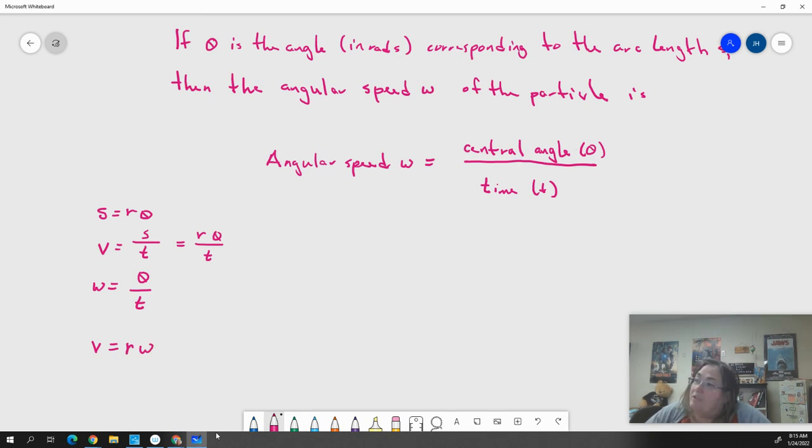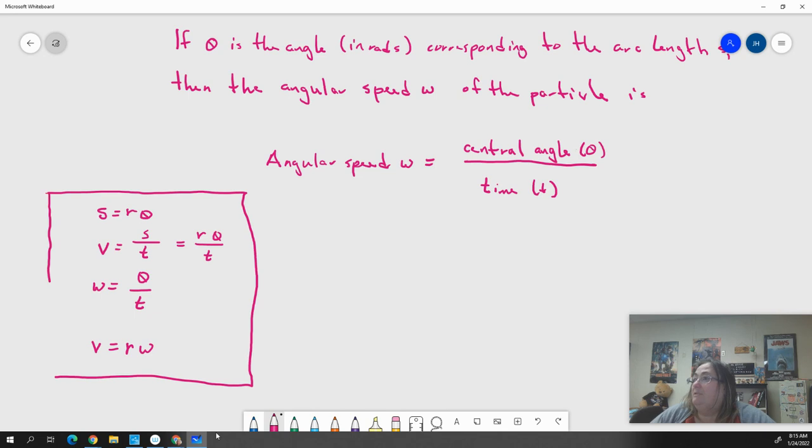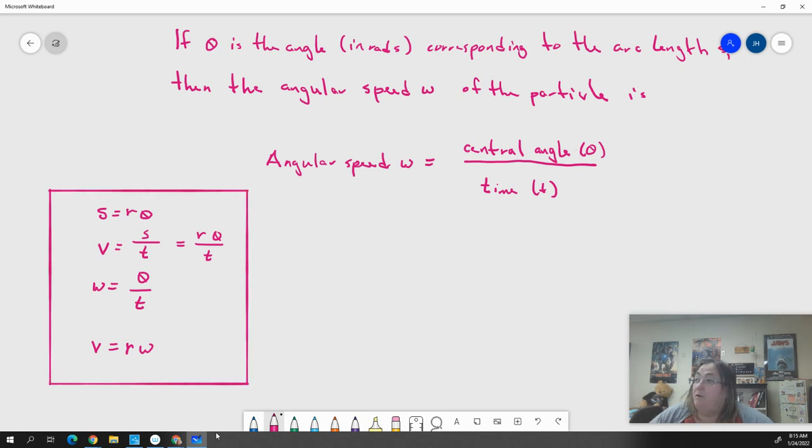Because what if I have parts and I need to find other parts, and I don't know how to get there? If I know all of these, to me, this is the key right here. This is all of your formulas that you're likely to need when you're solving these kinds of problems. I think it's a really handy toolkit to have. It helps to know things like S equals arc length, right? V, what is V?